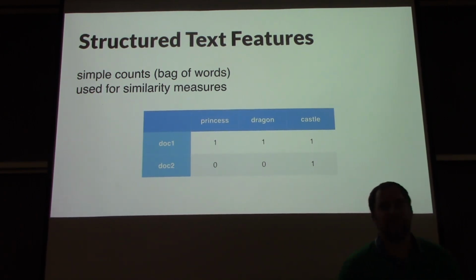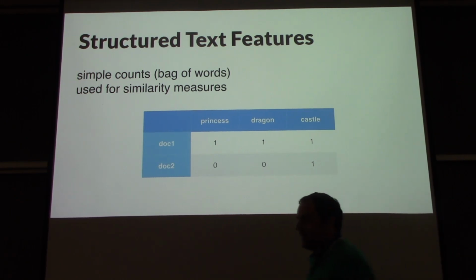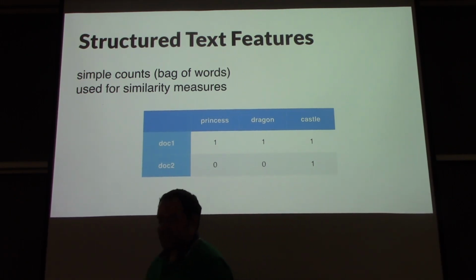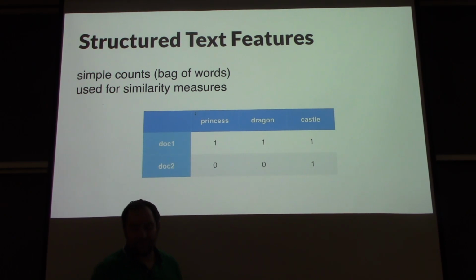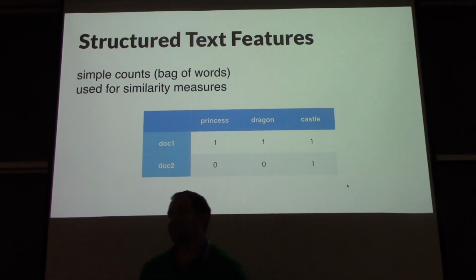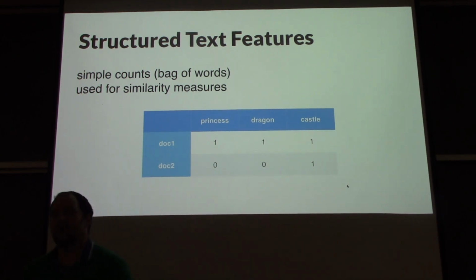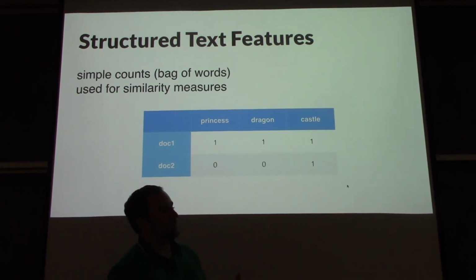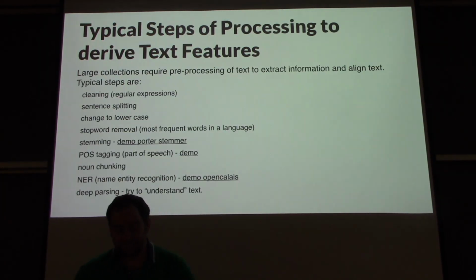You build up a histogram of all the words used, and then you have words like princess, dragon, and castle, and all of these words occur in document 1, and only castle appears in document 2. Now you can reason about how similar those two texts are, because if two texts share a lot of words, then they might also be similar with respect to content.